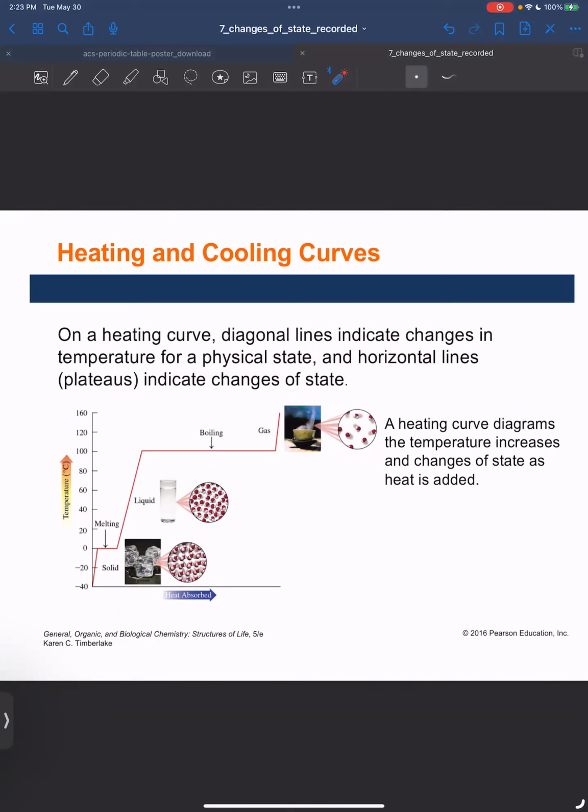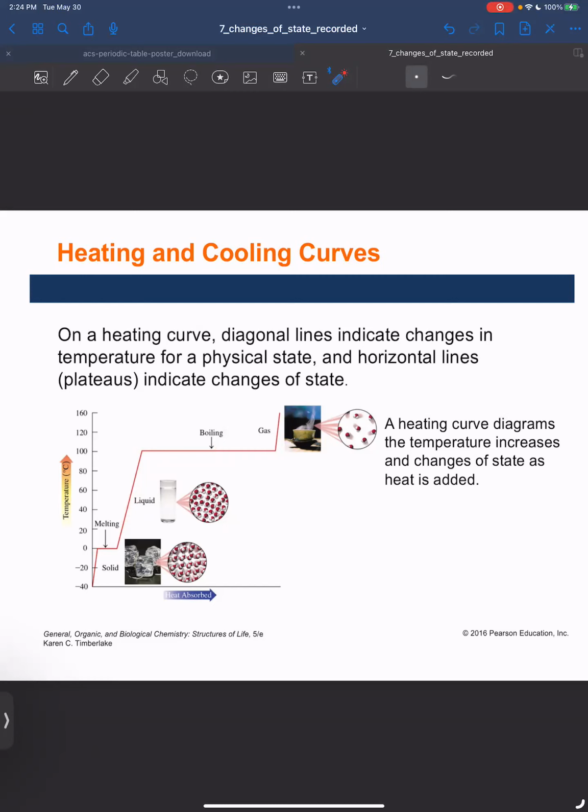So up until this point in this video, we've been focusing only on the plateaus, when we've been changing the state of matter from a liquid to a gas, and then from a solid to a liquid. That's all we focused on. And then the diagonal lines indicate changes in just temperature for the same physical state.